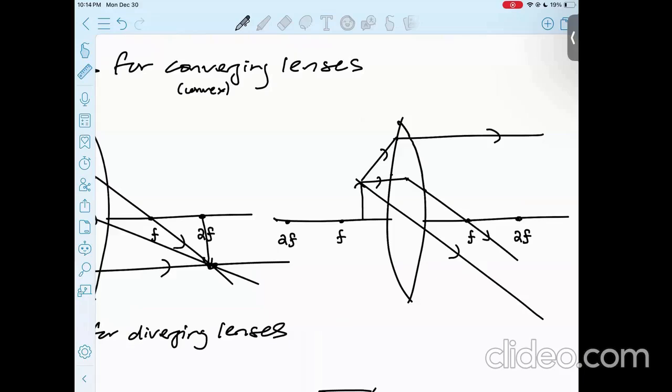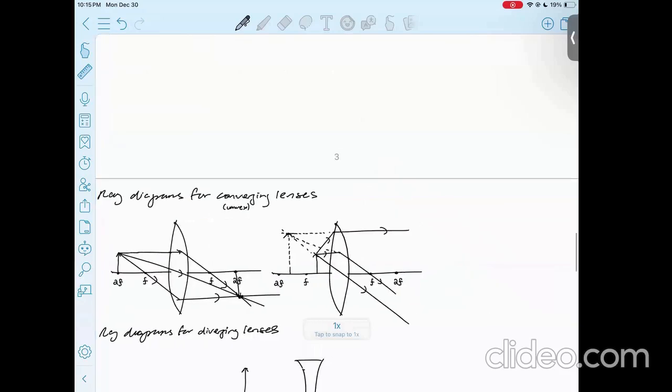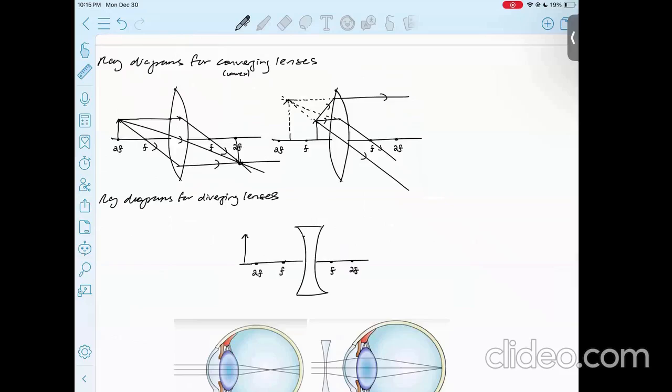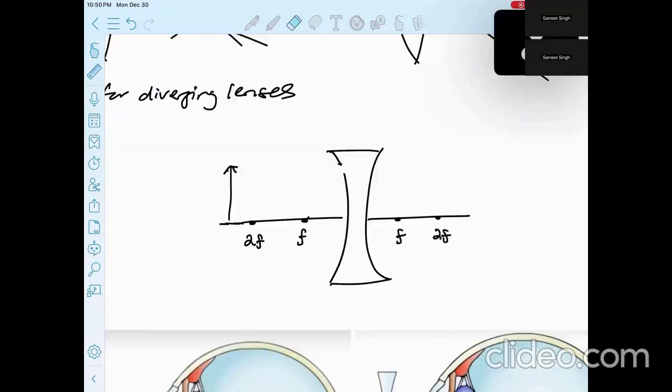What do we do? We backtrack. Backtrack you. Backtrack you. And we backtrack you too. And there is our image. Very good. And so that's what's going on for converging lenses. We're going to take a look now at the diverging lens, the ray diagram for the diverging lenses.